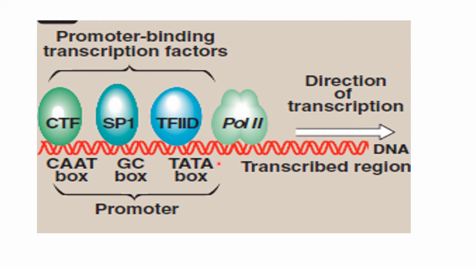These are the different regions. Each transcription factor binds to its specific nucleotide sequence. For this, they contain specific motifs by which they bind to the DNA. So each transcription factor binds to its specific region so as to mediate the transcriptional process.